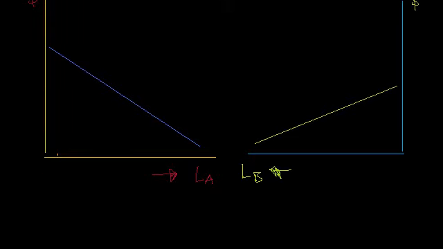So one of the key features is that in each of these regions there's some fixed number of workers. So suppose, for purposes of illustration, let's just suppose there are 50 labor units in region B and also 50 in region A. And so there's a combined total of 100 labor units.